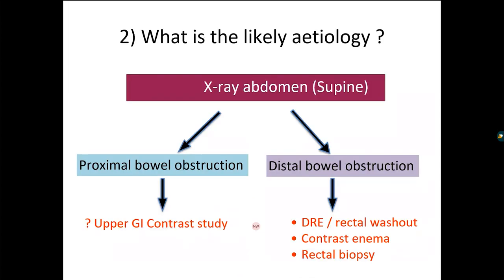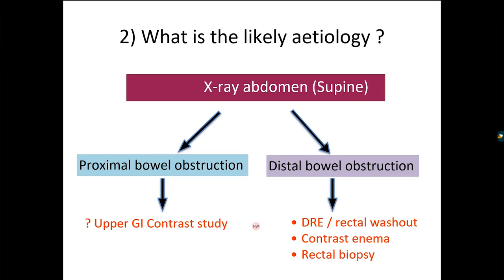The next question is, what are the most likely etiologies? Once you identify that this is a proximal or a distal bowel obstruction, and once you know the common causes of proximal and distal bowel obstruction, you know what the most likely cause or causes are going to be. If the X-ray suggests a proximal bowel obstruction, you might need other investigations like an upper GI contrast study to confirm the etiology or the diagnosis.